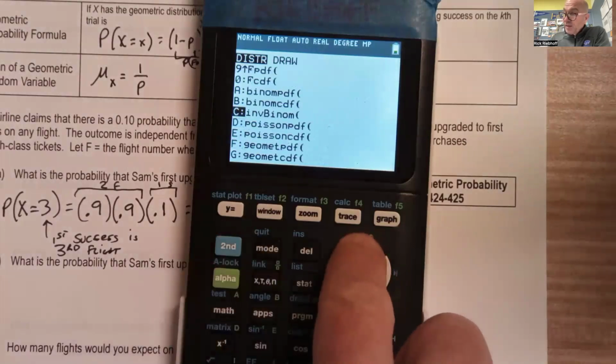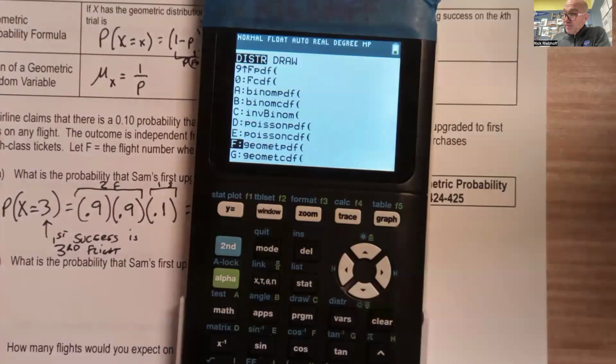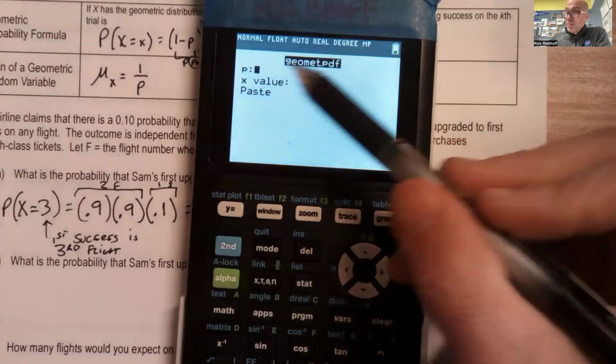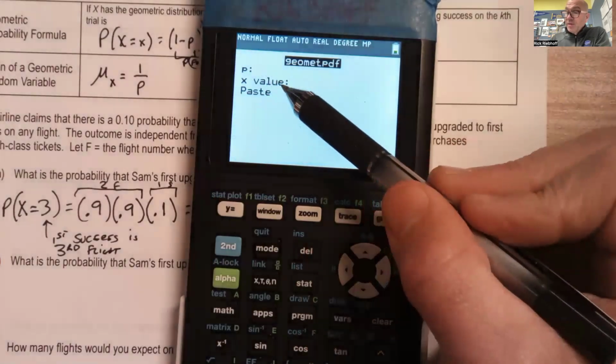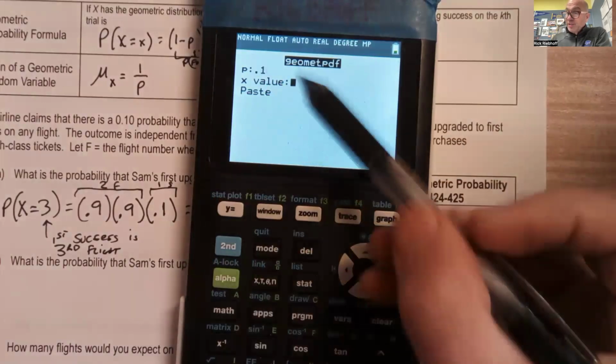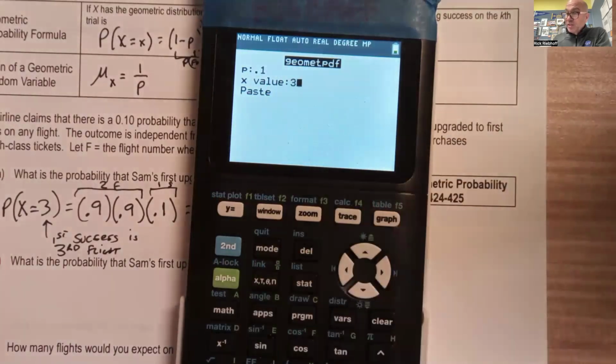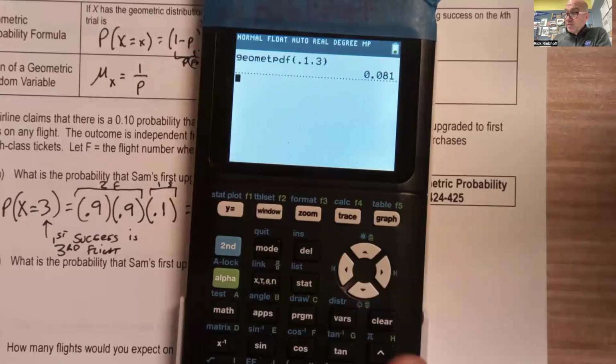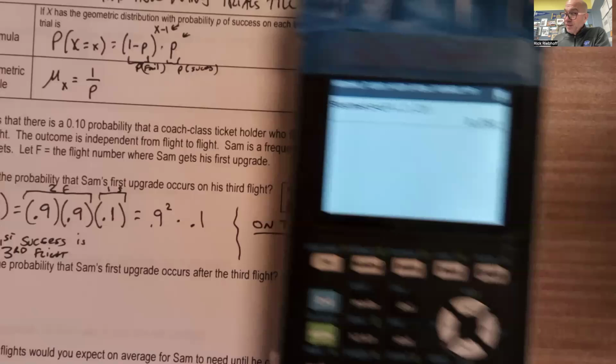We're going to find geometric PDF. There it is, geometric PDF. All it's asking for is the probability of success and what number it was successful on. So 0.1, so 10% chance of success, and we want to know successful on the third attempt. There it is, 0.081.